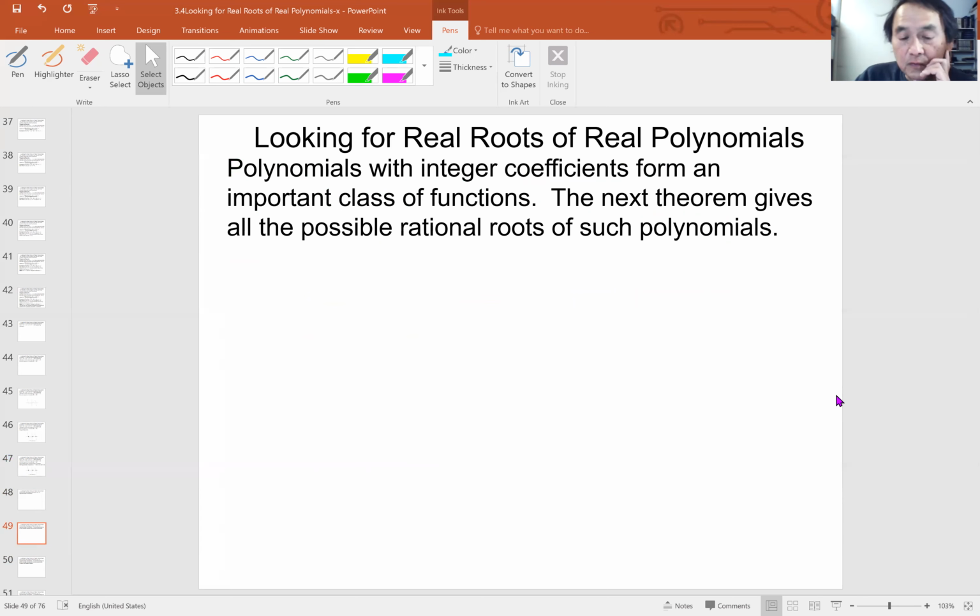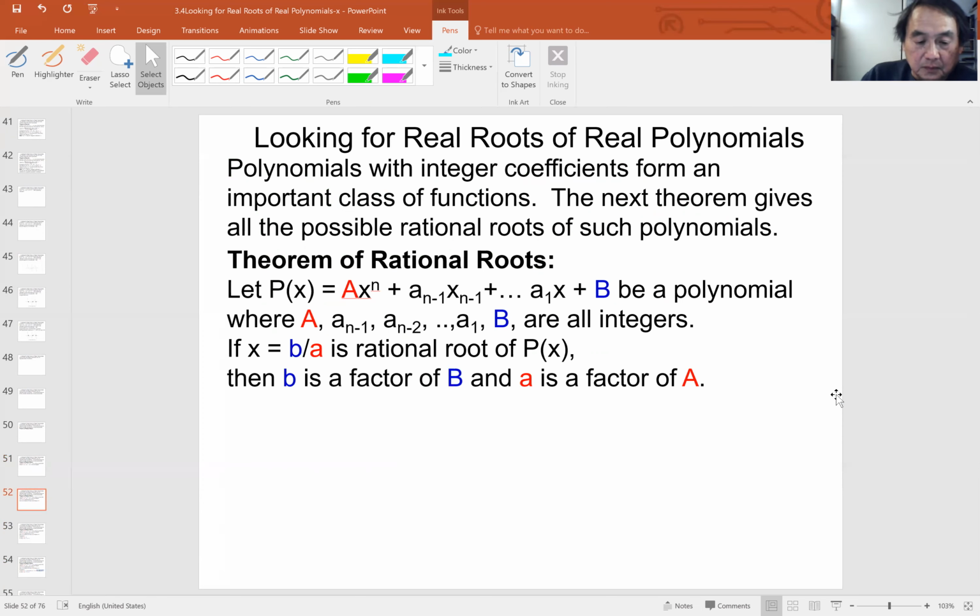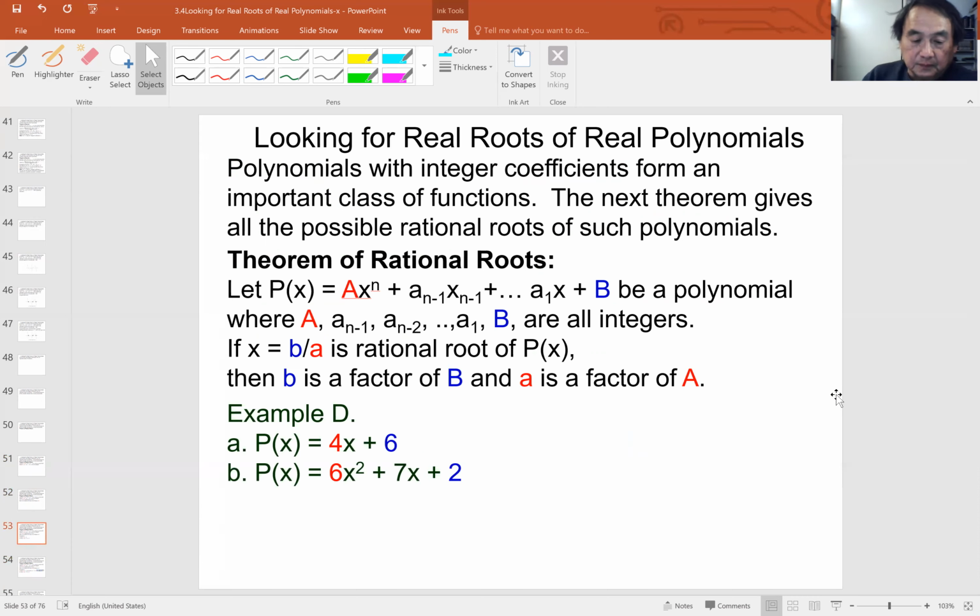So when do we get fractional roots, and what kind will we have? For the list of possible fractional roots, we make the list in the following manner.